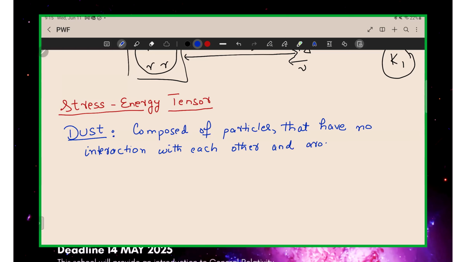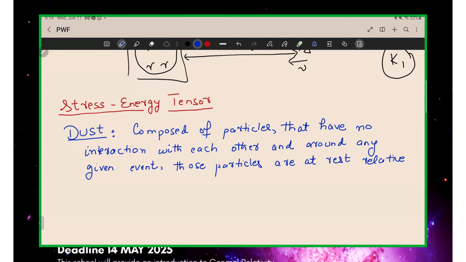Around any given event, those particles are at rest relative to each other. Right? So this is the technical definition of dust.